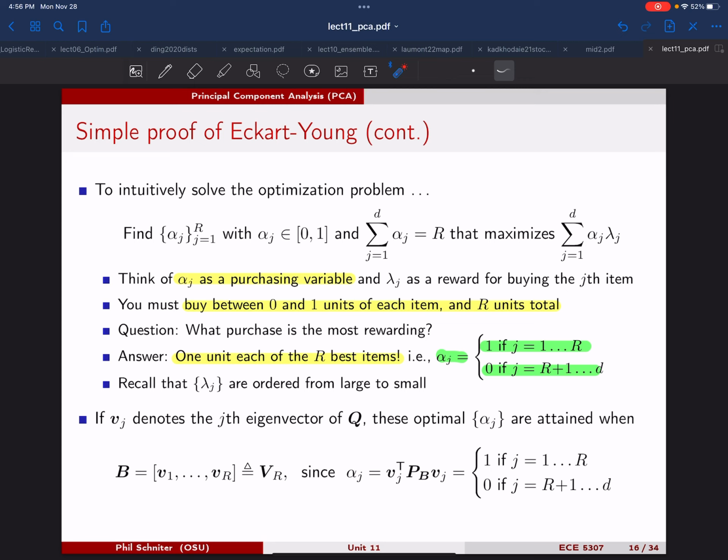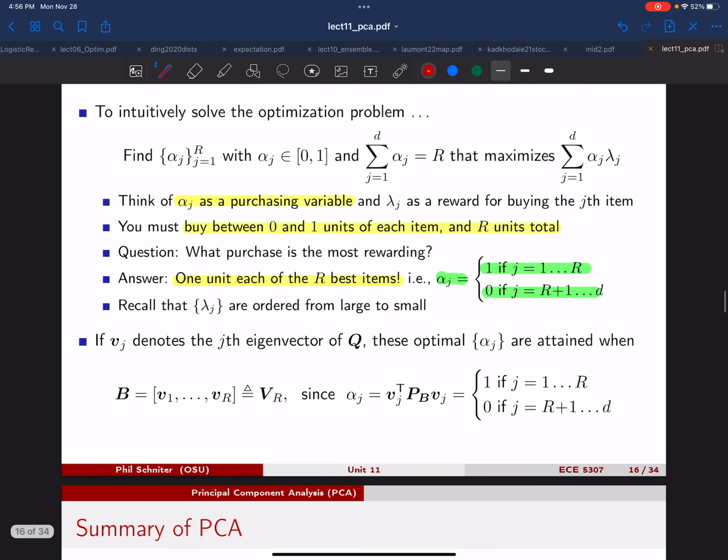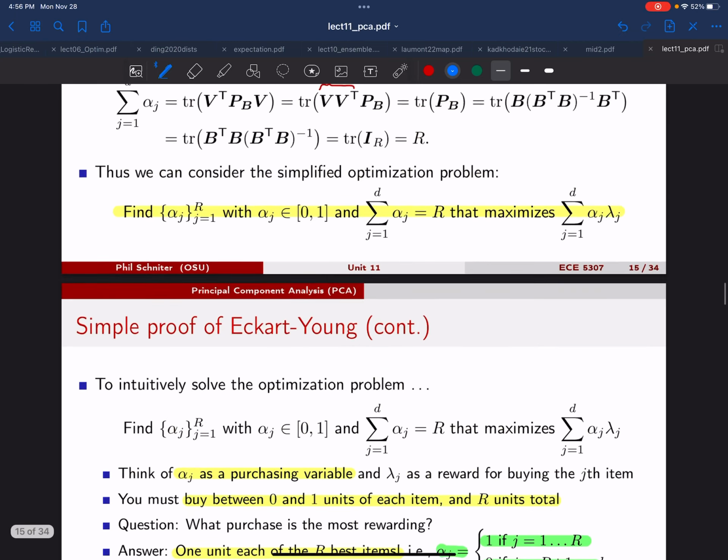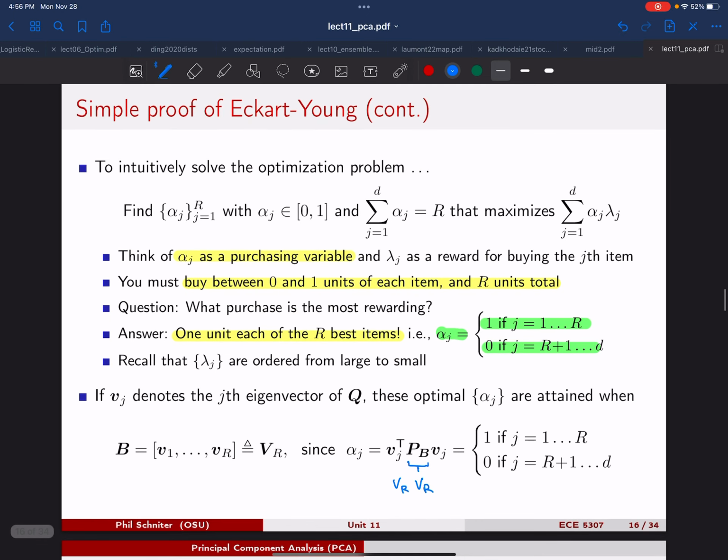And the way we can do that is by selecting B, as we said before. Because when we select B this way from those eigenvectors, turns out that we can plug that in to here, and you get VR, VR transpose, VR inverse, VR transpose.